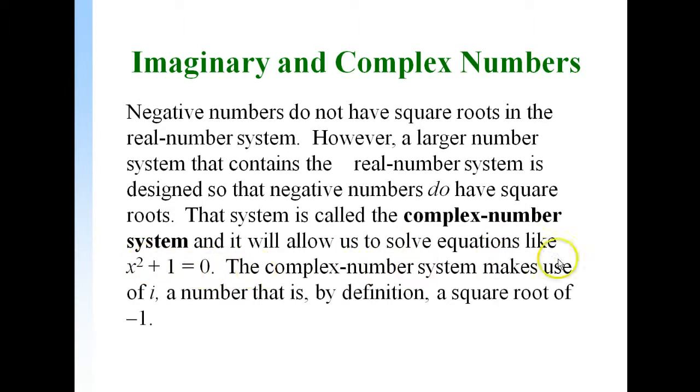The complex number system makes use of the lowercase letter i, a number that is defined as the square root of -1.